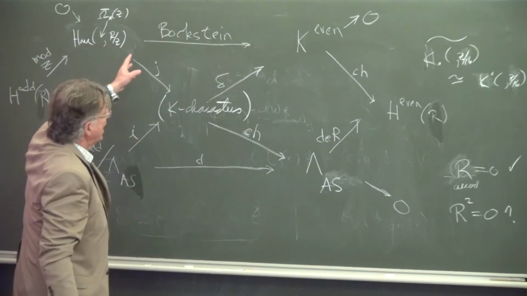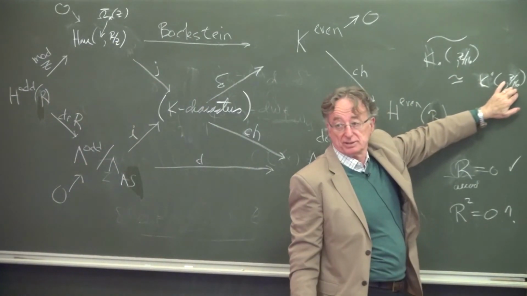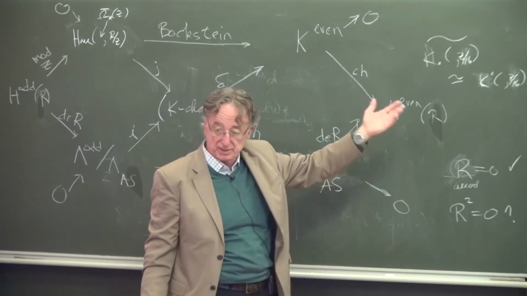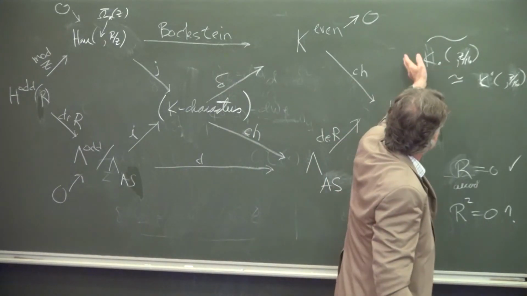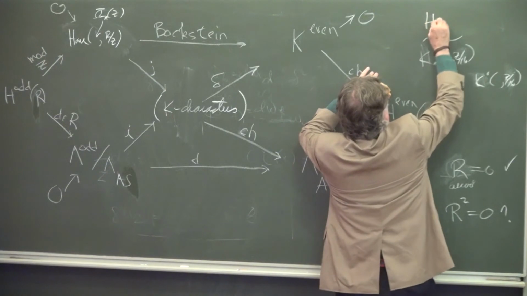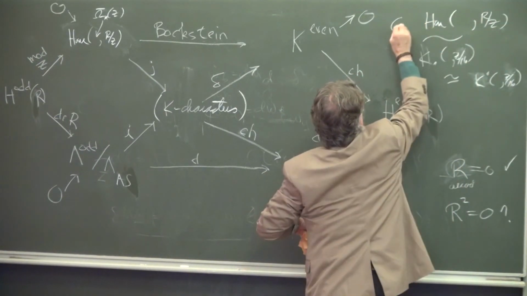So Pontryagin duality says, if you put the integers here, you get the circle here. The Pontryagin dual of the integers is the circle. The Pontryagin dual of the circle is the integers, right? So when you put integers here and take HOM into the circle, Pontryagin dual means HOM into the circle. This is G hat.